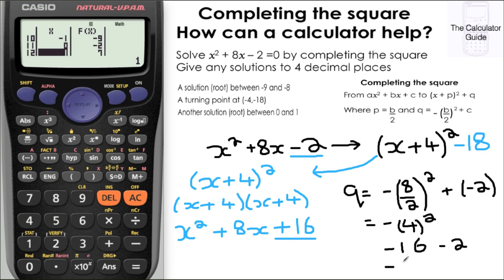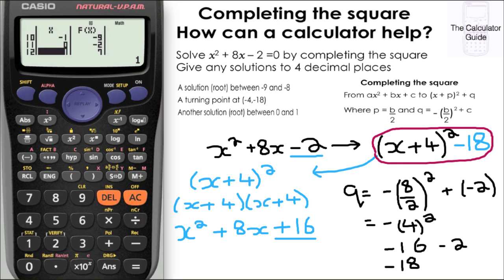So we've got minus 16 minus 2, which gives us minus 18 as our q value for this particular quadratic equation. So there are two ways of deriving that number after our square brackets. We can think about what the bracket would be when expanded and the difference that would make compared to the actual number on the end of our quadratic equation, or we can use this q formula to find it.